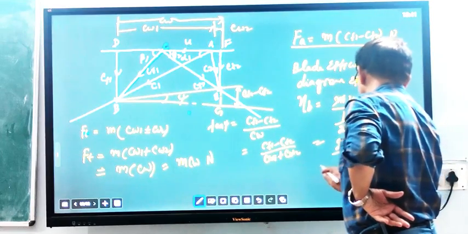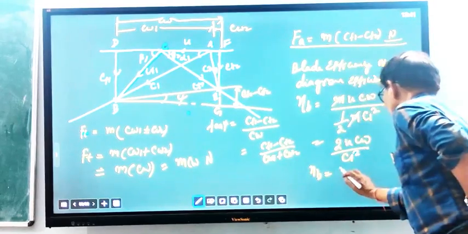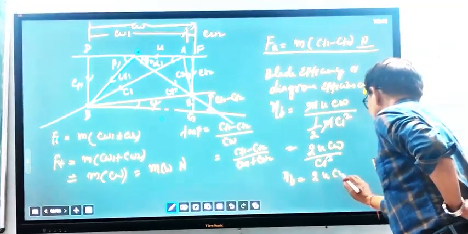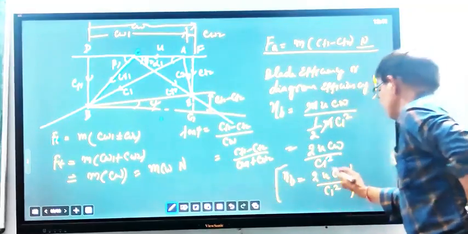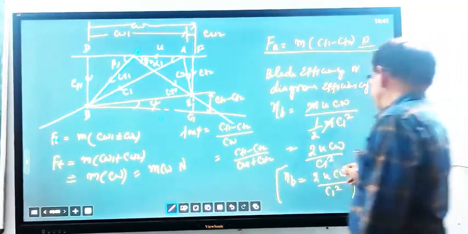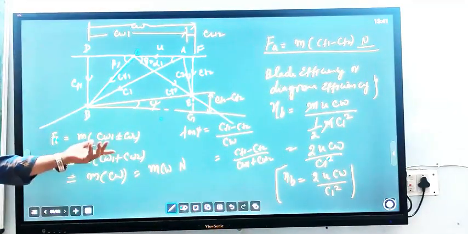C1 is the initial velocity, so this is the blade efficiency, eta B equal to 2 U Cw upon C1 squared. This is a dimensionless number.